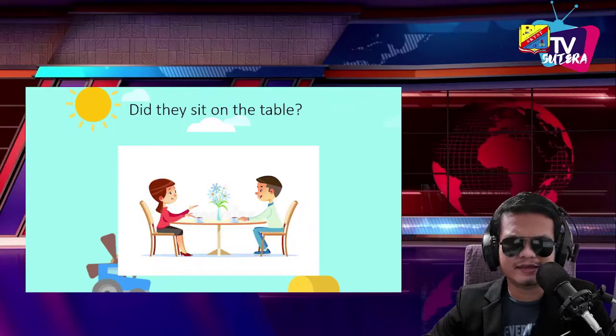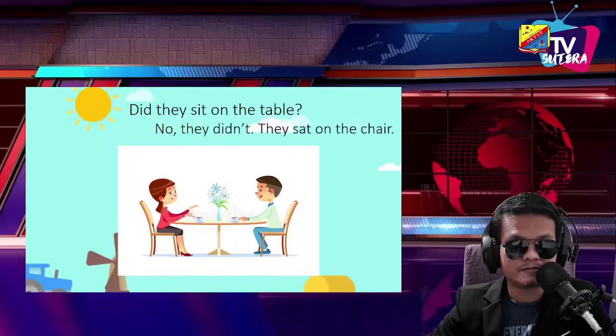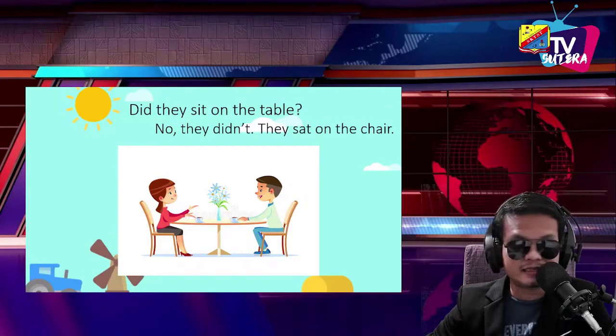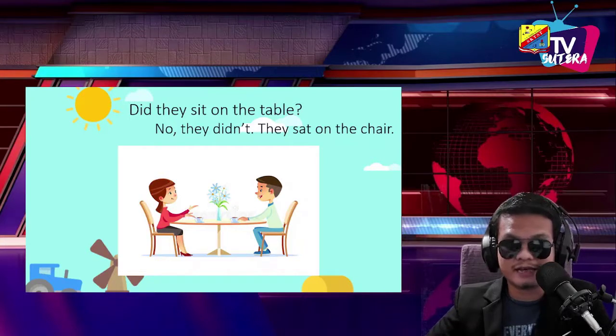I don't think they sit on the table. So if the answer is negative, or no, we say no, they didn't. We can just say no, they didn't. Okay, it is correct.